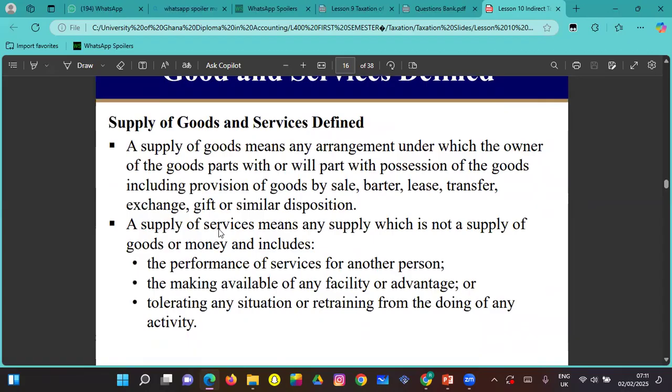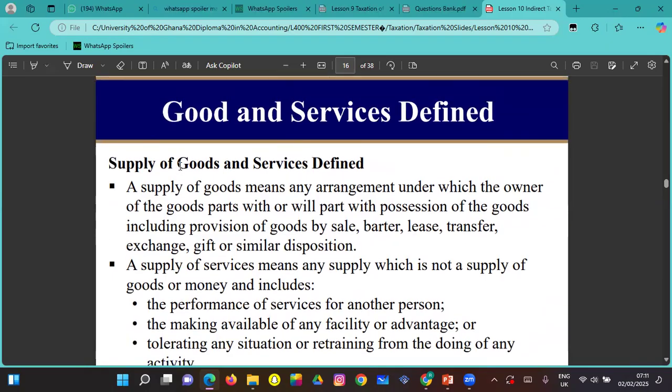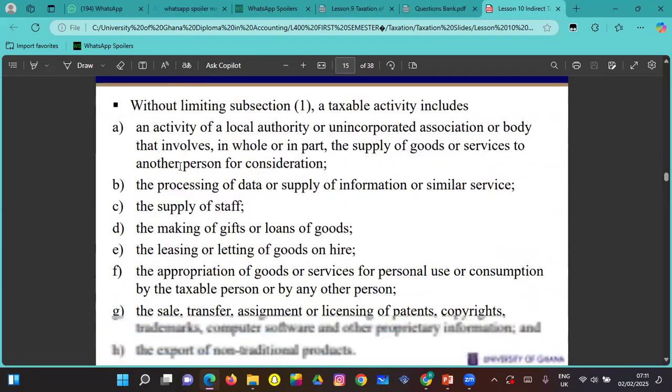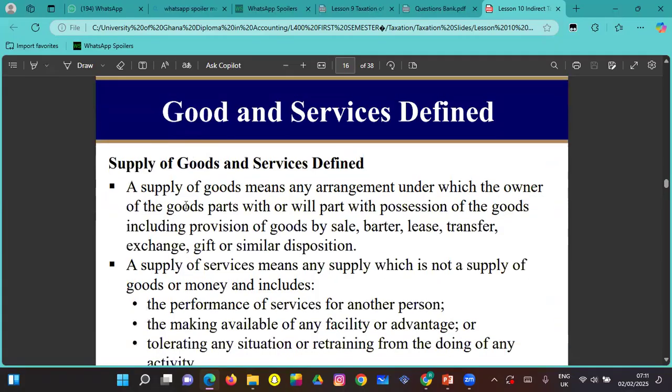So now let's look at goods and services defined. Supply of goods means any arrangement under which the owner of the goods parts with or will part with the possession of the goods.